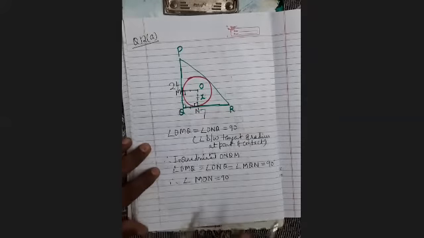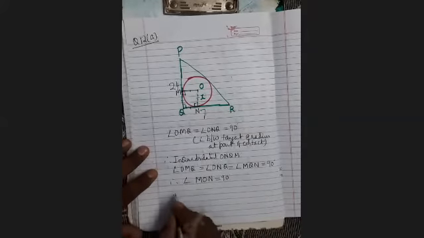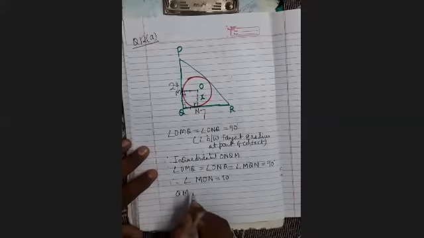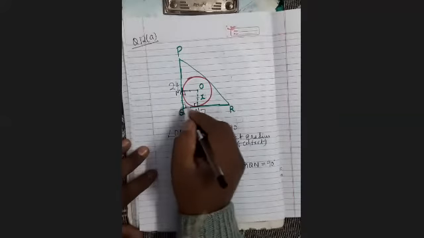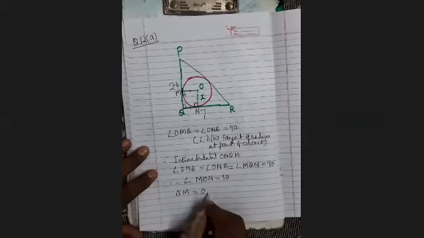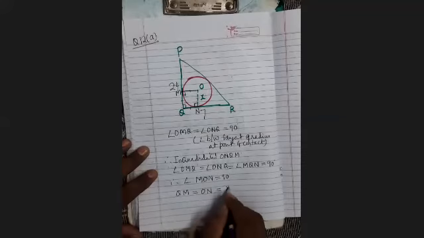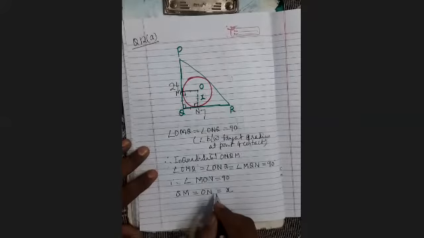It's clear. So see here, what will be QM? QM equals, you can see here, ON equals X. It's clear.